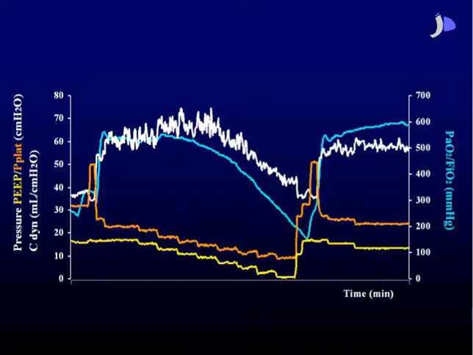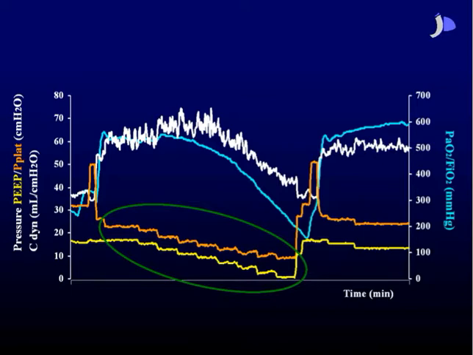So the protocol consisted of just what you see in the recruitment maneuver, and then we focused on the most important part, the closing pressure titration. And here we had to take two precautions. First, make small decreases, 2 centimeters of water steps in PEEP, and maintain a low pressure gradient or low tidal volume to avoid tidal recruitment, which would interfere with our compliance signal.